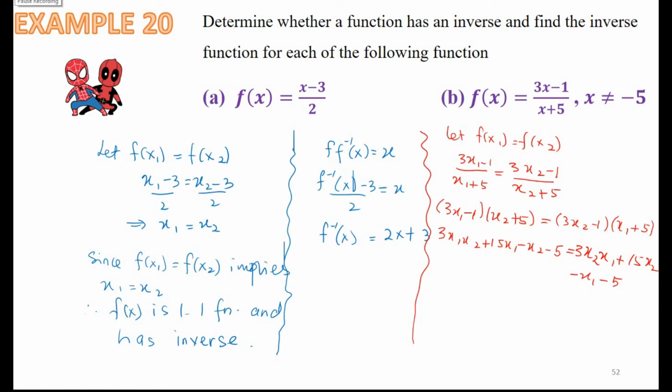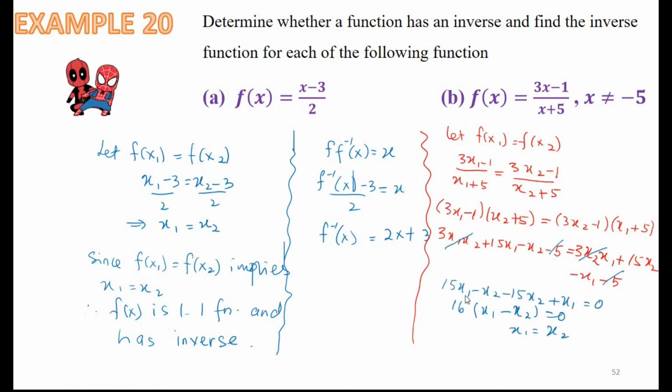So you can cancel off, and you will get this. Finally, you find out that x1 is equal to x2. So we use the same conclusion as before: since f of x1 equal to f of x2 implies that x1 equal to x2, therefore f is a one-to-one function and has its inverse.